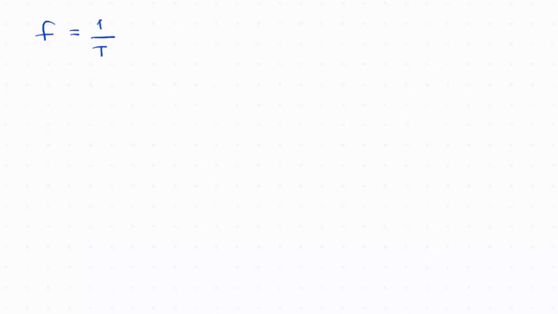The normal frequency is how many oscillations the pendulum makes in 1 second, okay? How many oscillations? And it would be written like this: the square root of g dividing L, dividing 2 pi. Okay, guys?